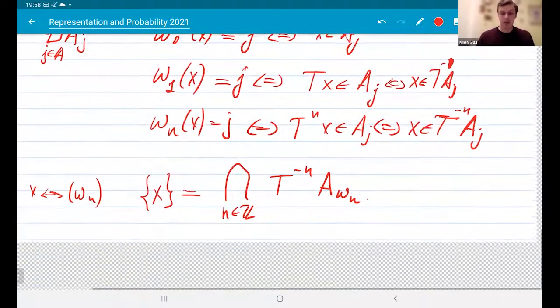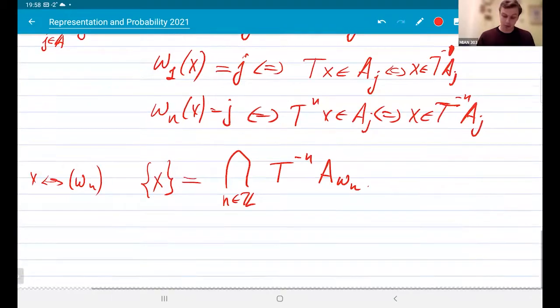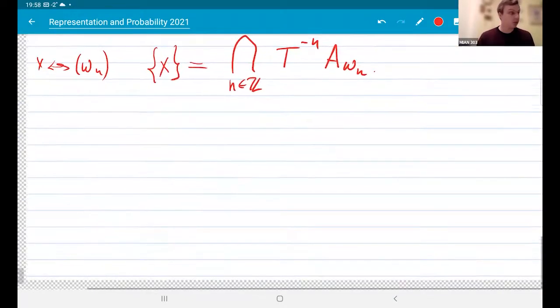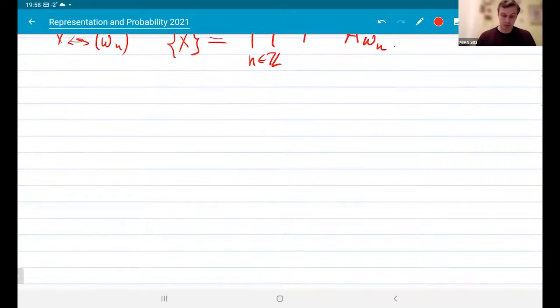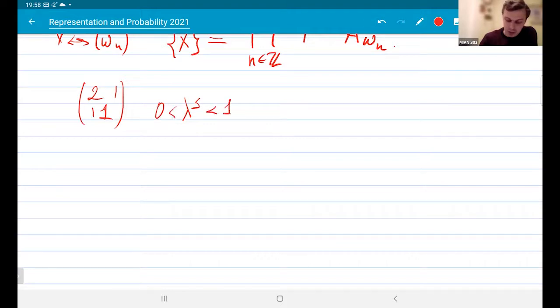And now let me draw a figure showing how we will do this. First of all, our matrix has two real eigenvalues, both positive: one of them is smaller than one, and one of them is larger than one.